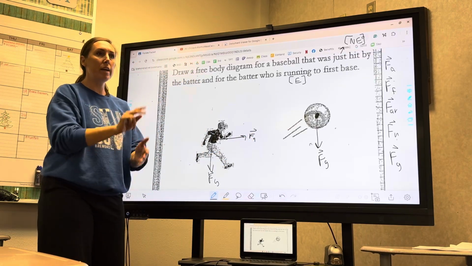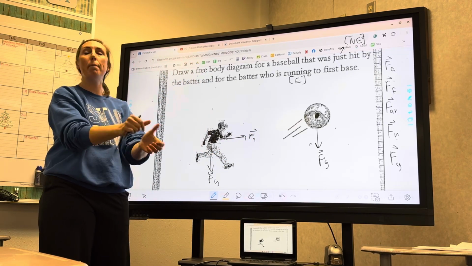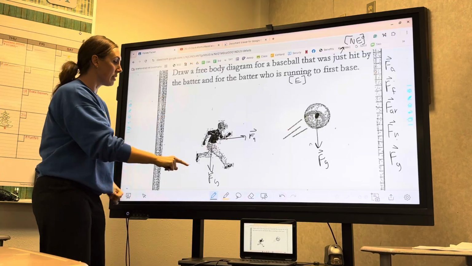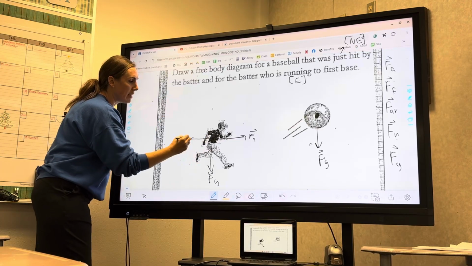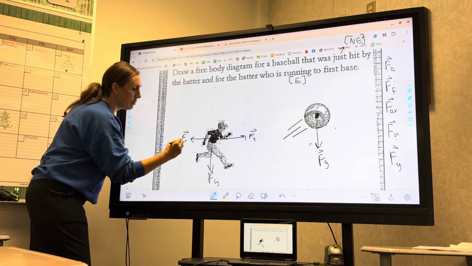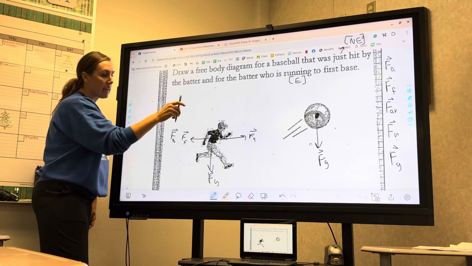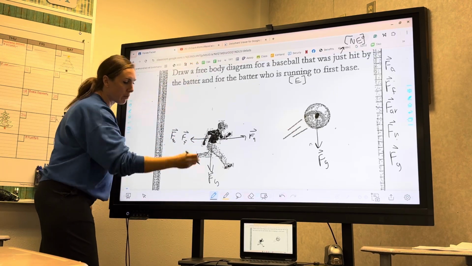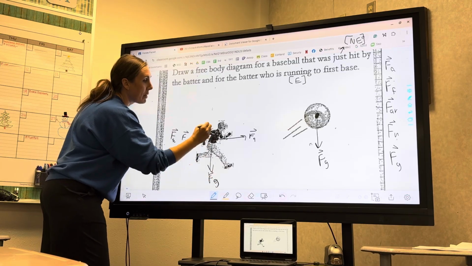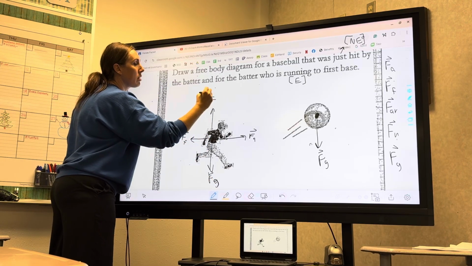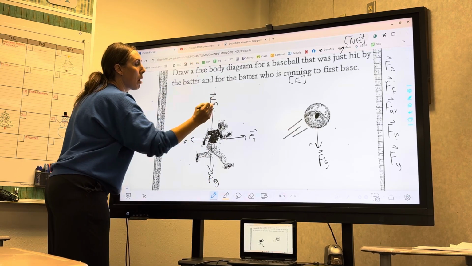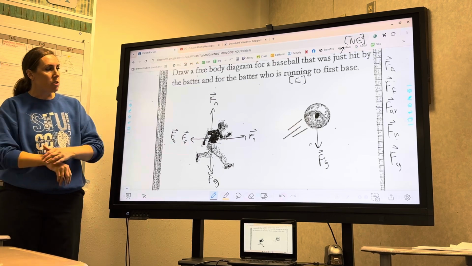Okay, when you are moving, 2 things can oppose you: friction and air resistance. He is touching the ground, so he definitely has friction on the ground, and he is moving, so he will have air resistance. He's on the ground, so he's got gravity, but then the normal force opposes him. This is worth 5 points.